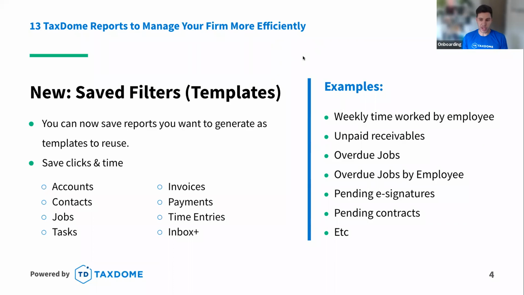It took a lot of clicks, because each time you'd want to do it, you'd have to go to that area and filter by many different parameters. It was annoying. Now you can have saved filters. We call them templates, but really they're saved filters. You create a template once and save time. Whatever complicated report you want to create, you can now save it and access it at any time afterwards.